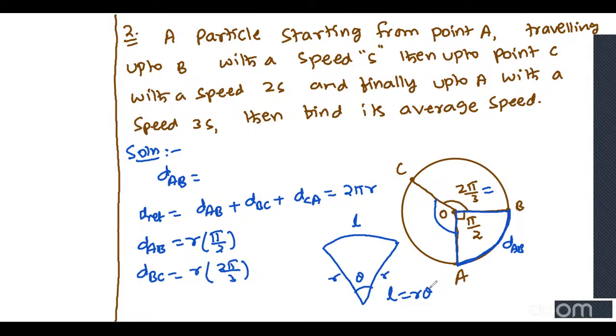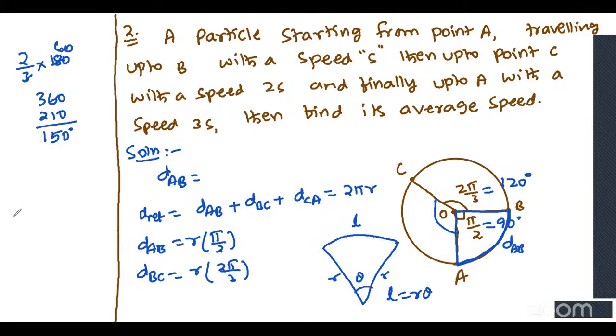How much is it? 2 by 3 into pi radians means 180 degrees, so 120. Pi by 2 means 90 degrees. 120 plus 90 is 210. Total is 360, so 360 minus 210 is 150 degrees.